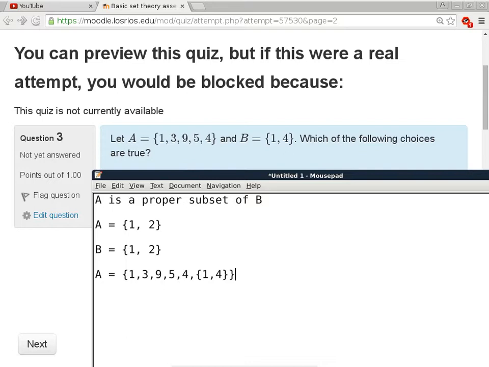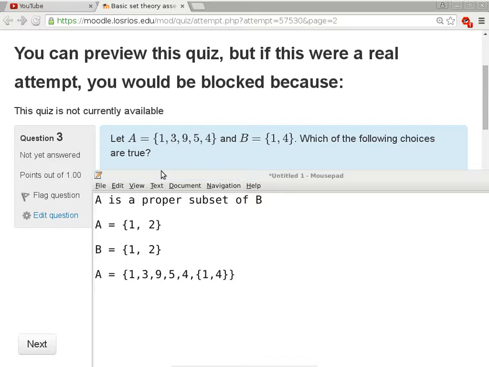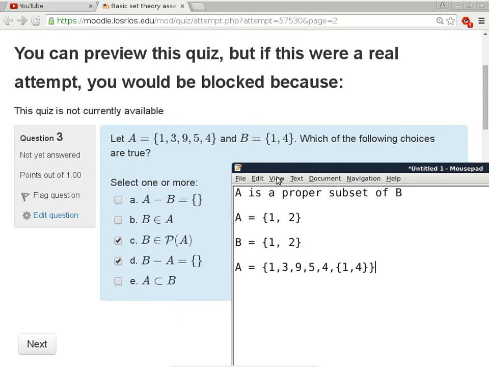In this case, B would have been true. But because the set {1, 4} as an entire set is not an element of A, we cannot claim that B is an element of A. What if B consisted of only just {1}?